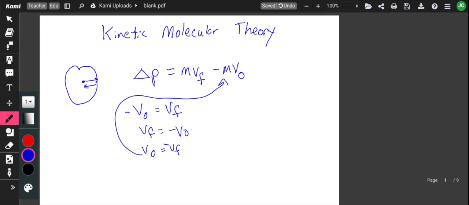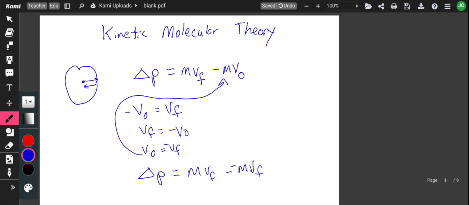And when we do that, the equation we're going to get next is that delta P is equal to mv final minus negative mv final.